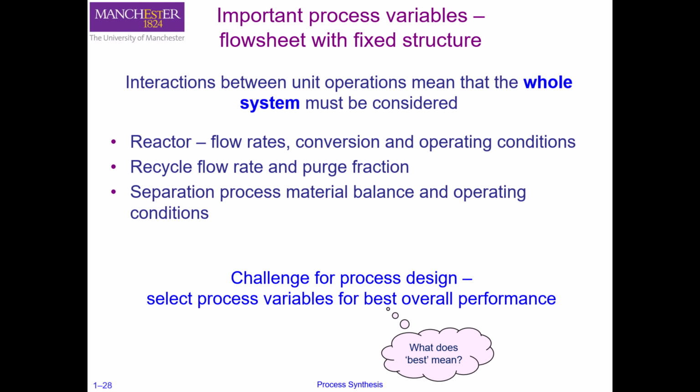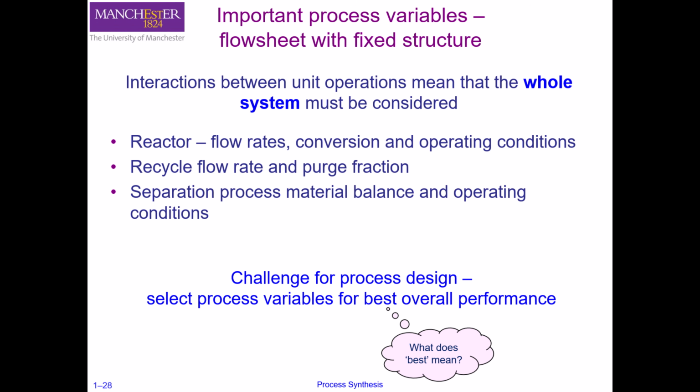So the complexity of a process design is threefold. First is to find the units and how to connect them in the best possible configuration. Second is to look at the optimization of each unit in terms of its process conditions, flow rates, temperatures, pressure conditions.